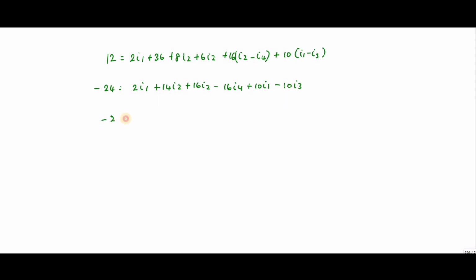So minus 24 is equal to 12I1 plus 30I2 minus 16I4 minus 10I3.